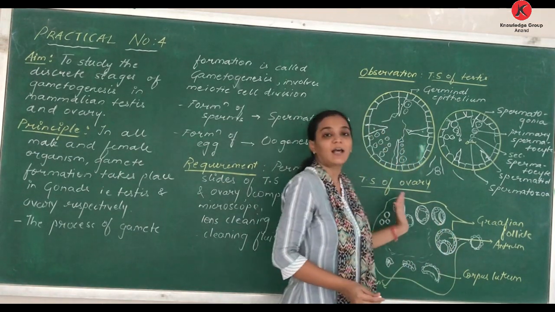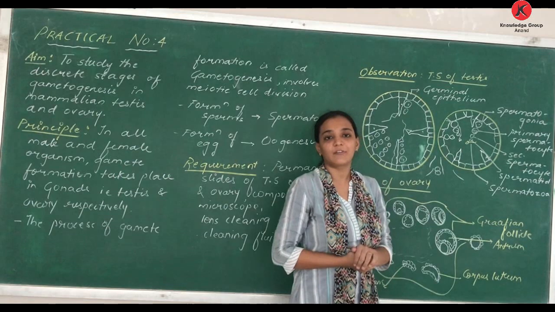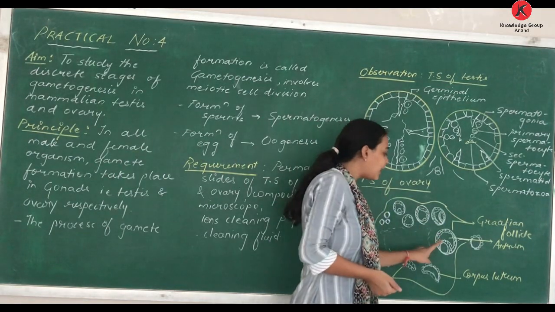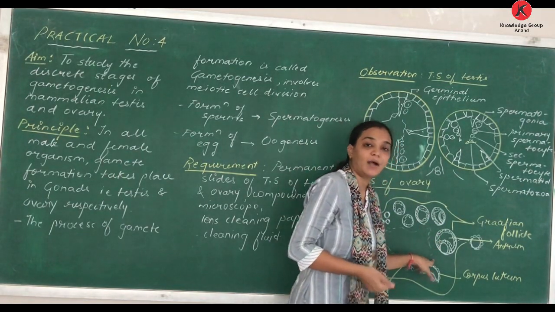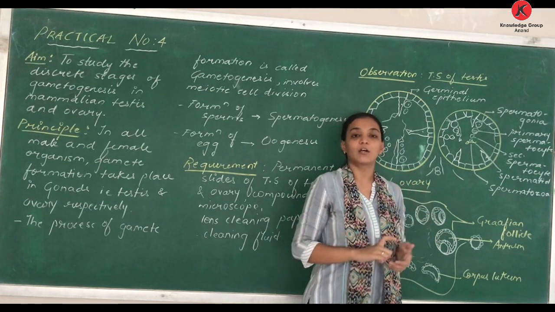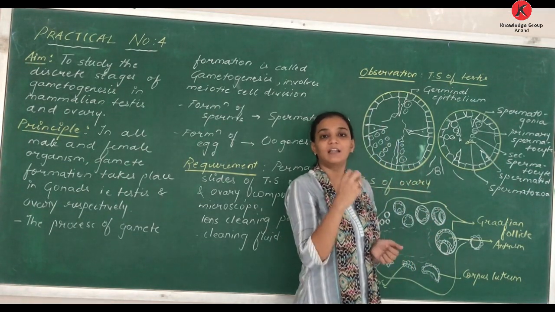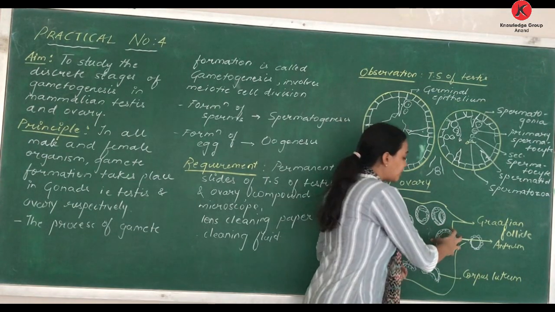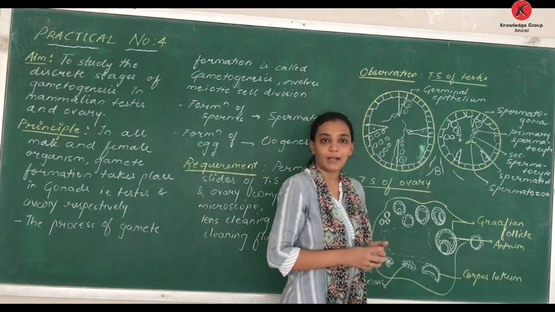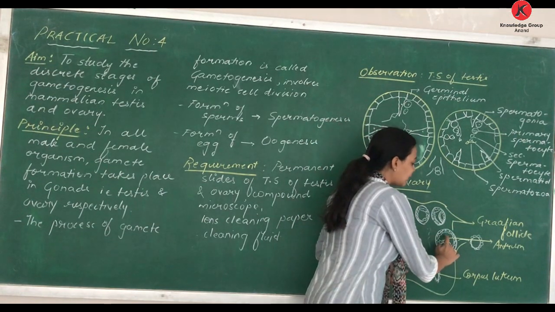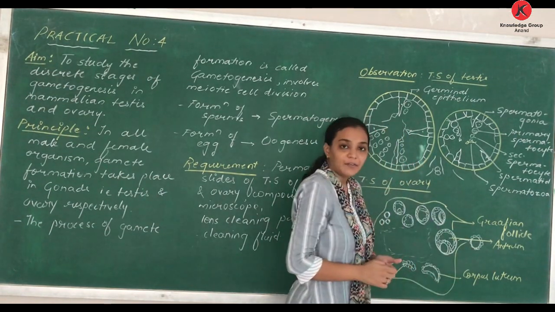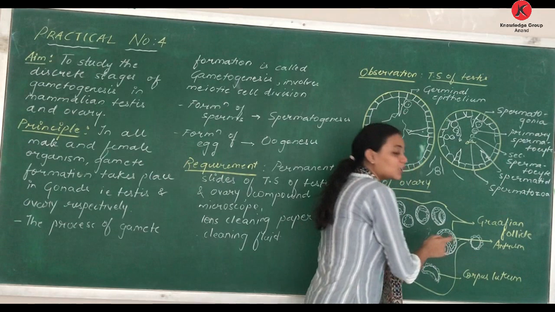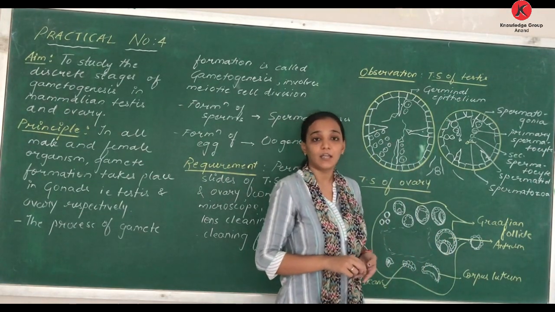You may not get to see all the developmental stages clearly, but you will be able to observe the Graafian follicle, because its size is slightly larger and it is visible in the microscope. The cavity within it is called the antrum, and the cell present within it is the secondary oocyte.